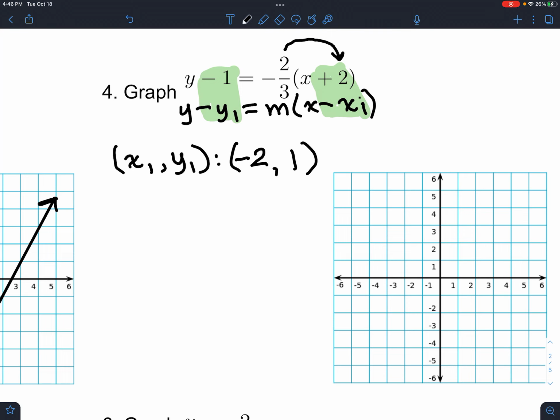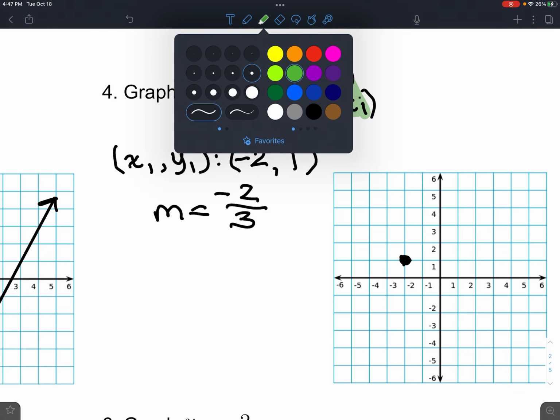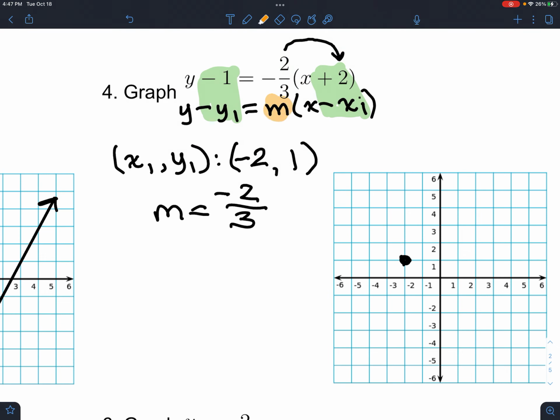It's not 2, it's actually minus 2. So what we can do is plot that point, and then remember the slope is always the number that is in this position right here, kind of right after the equal sign. And we can move down 2 and over 3. Then we have the line.